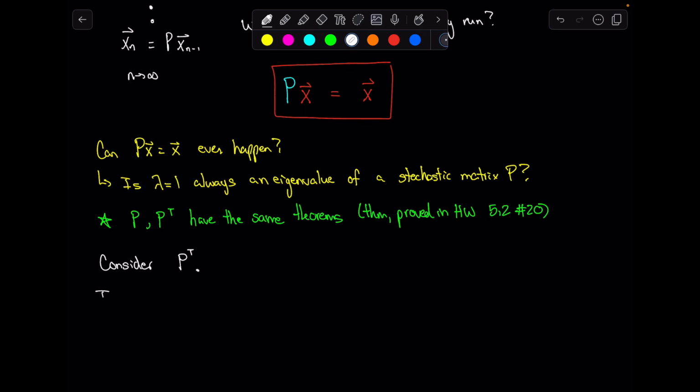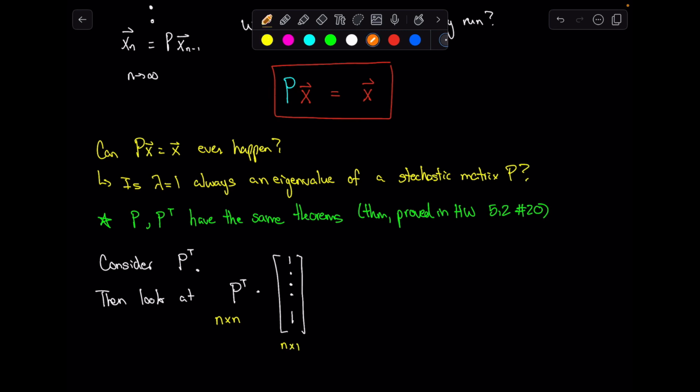And then look at P transpose multiplied by this vector that I'm going to say consists entirely of the number 1. So it's going to be a column vector that matches the appropriate size of P. So if P is an n by n stochastic matrix, then this is an n by 1 column vector.